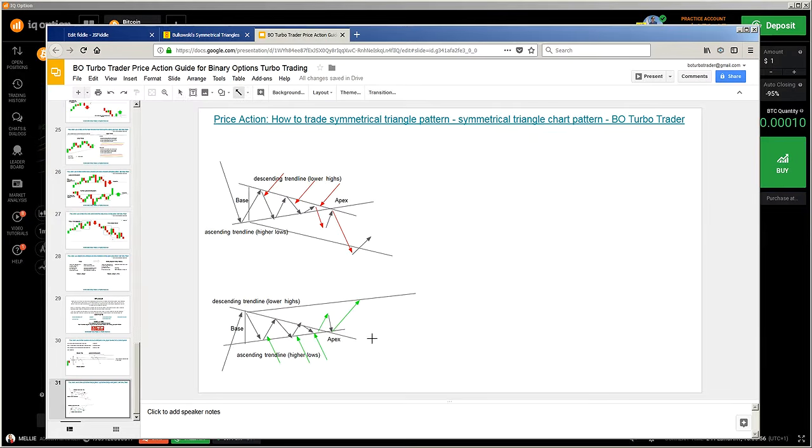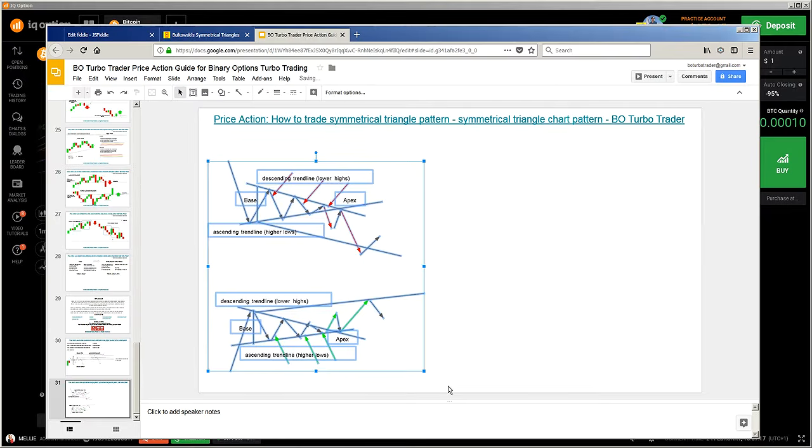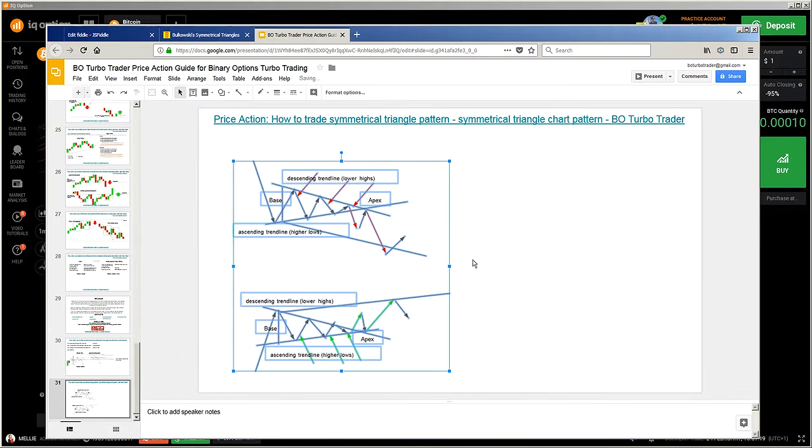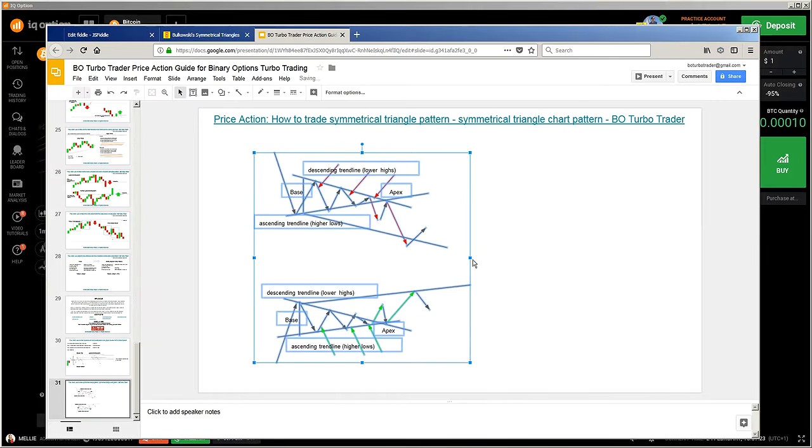Okay, I think this was enough. The most important thing, I have shown you on the chart some kind of example, and so this was the part about the ascending and descending triangle, symmetrical triangle. Remember that this is not only a continuation pattern, this can also be a reversal.